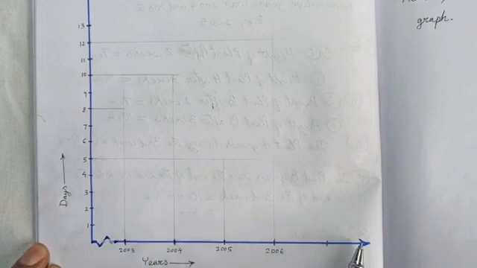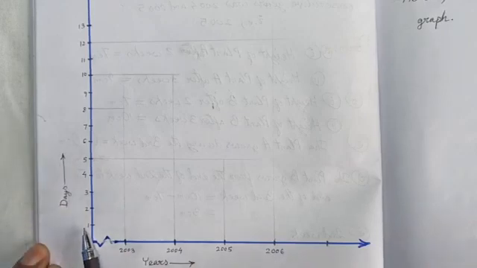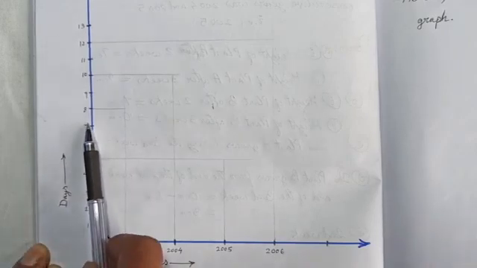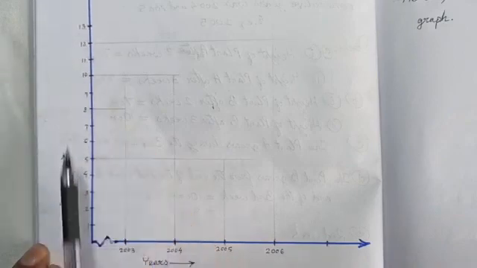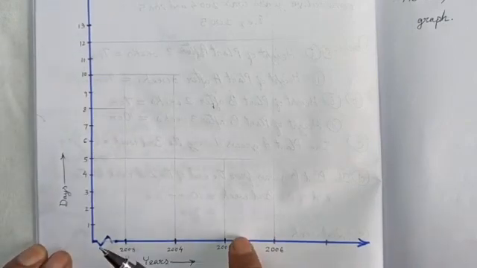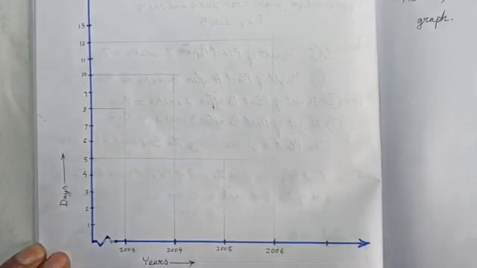This horizontal line represents years. This is 2003, 2004, 2005, 2006. And this is days: 1, 2, 3, 4, 5, 6, 7, 8, 9, 10, 11, 12, 13. This represents the days.